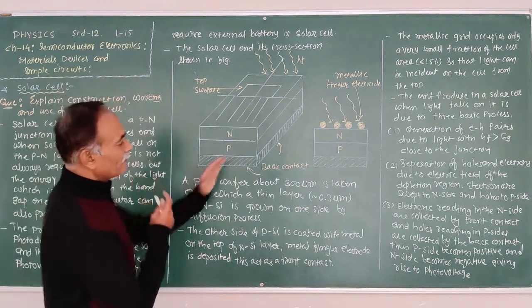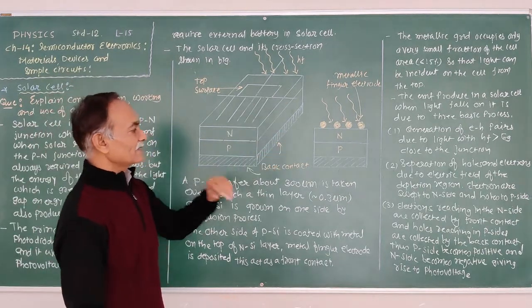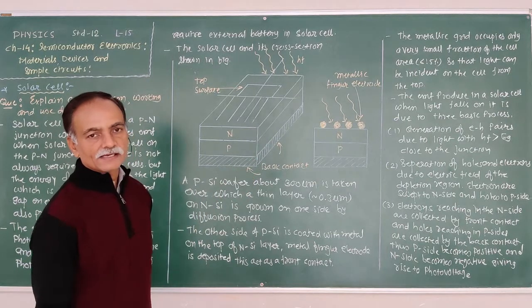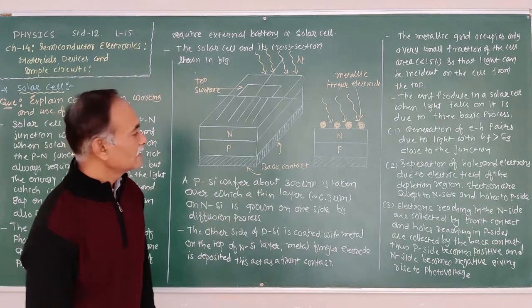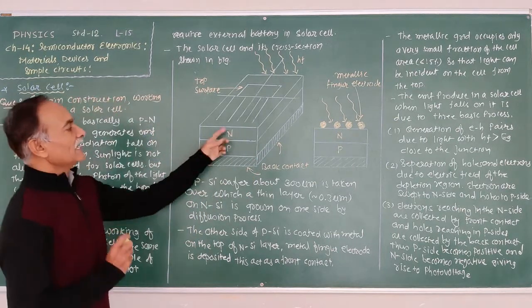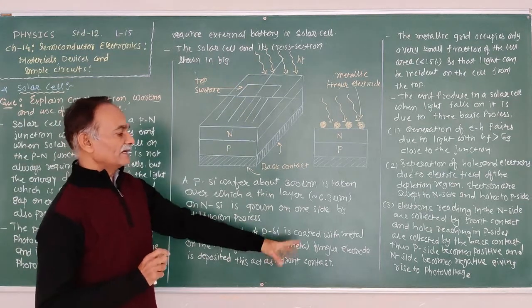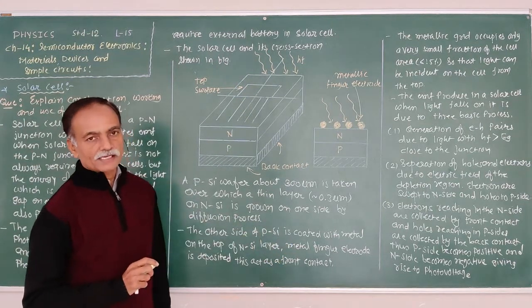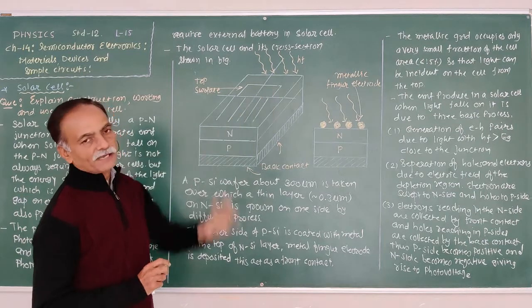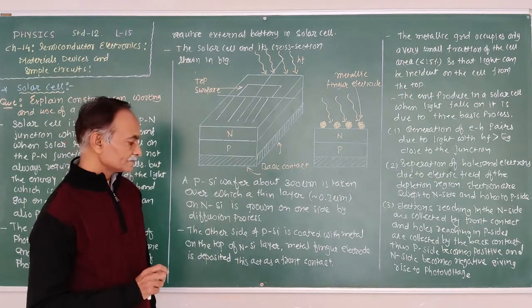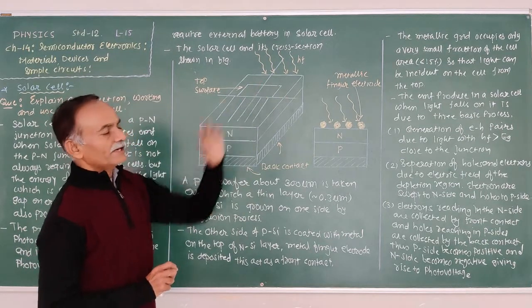The back side of the P-type semiconductor is metallic coated for the connection, while on the top of the N-type silicon layer, a metal finger electrode, that means a metallic grid, is placed. That is for the third contact.